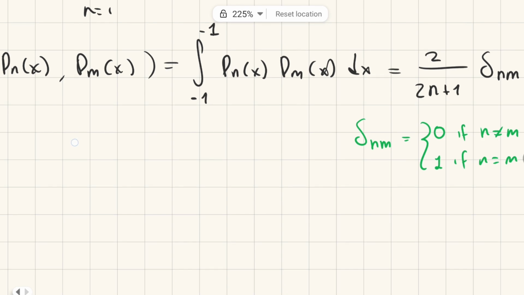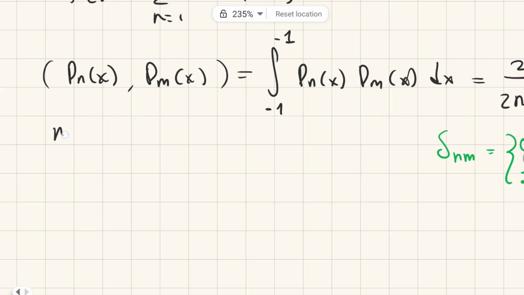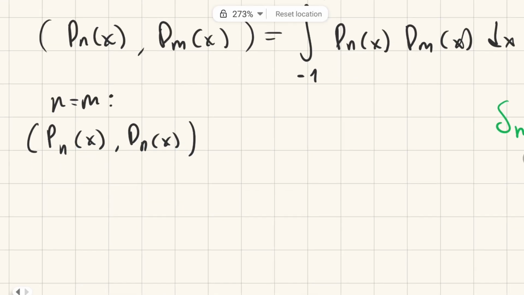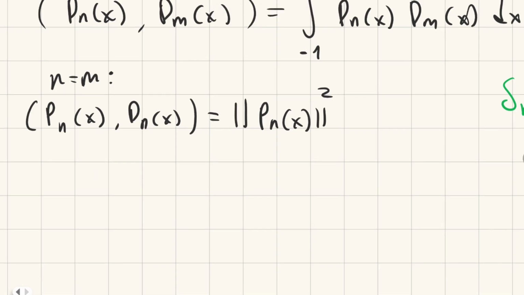So if we consider the case where n is equal to m, we are going to have the inner product of p sub n of x and p sub n of x, which is equivalent to the norm of p sub n of x squared. This is going to be the integral from -1 to 1 of p sub n of x squared dx.